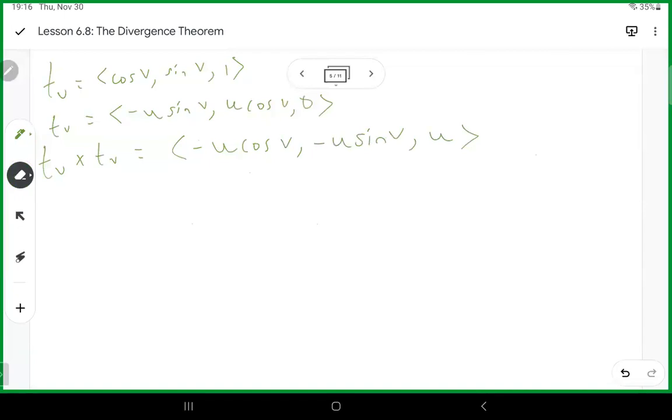Notice that the negative signs on the x and y components induce the negative or inward orientation of the cone.